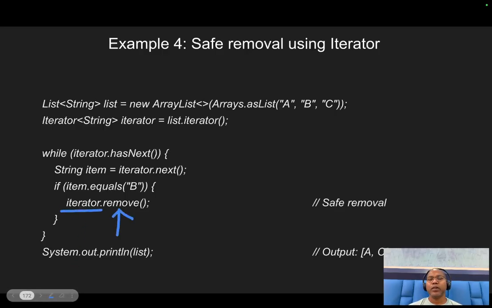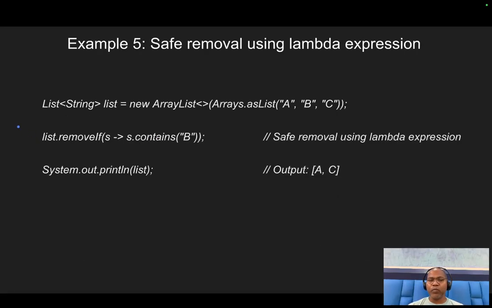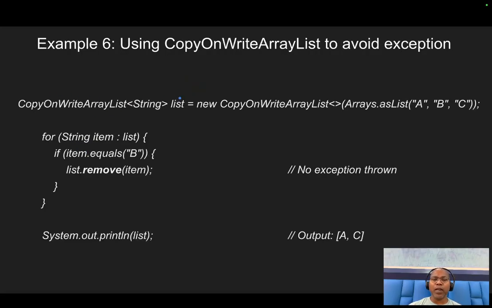So first, try to use the iterator's remove method, or use the conditional lambda expression, and this method helps ensure fail-safe removal on your ArrayList. But sometimes you want to modify the original list itself.